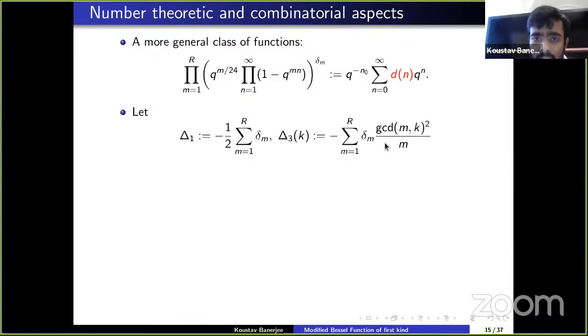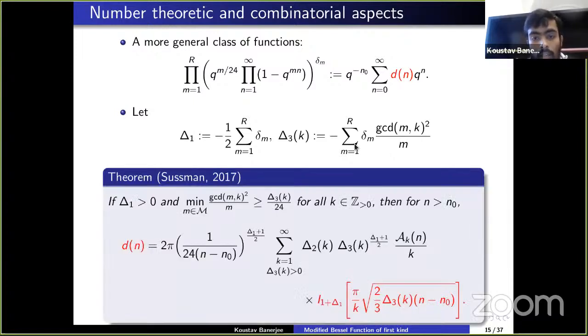So I do not need any other properties because, in the style of Hardy, Ramanujan, and Rademacher, Ethan Sussman in 2017 got this kind of infinite expression for dn, when this delta 1 is either a half integer or an integer, because delta m are all integers.